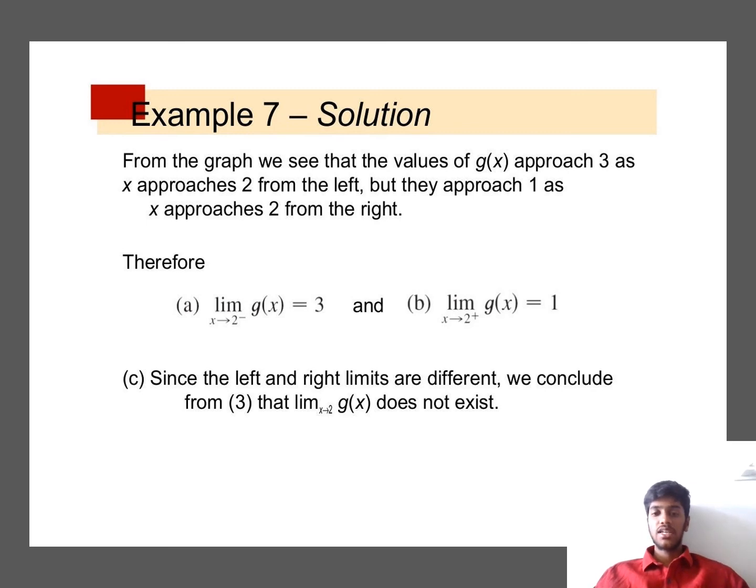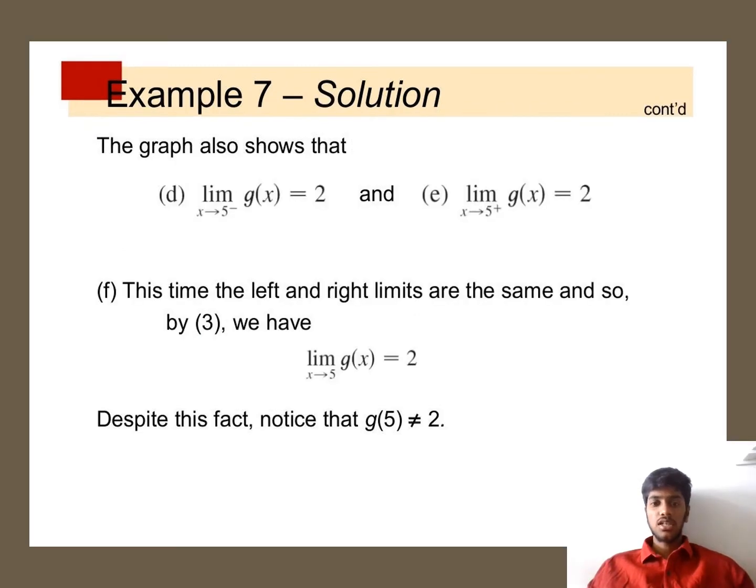Since the left and right limits are different, we conclude from 3 that the limit as x tends to 2 of g of x does not exist.